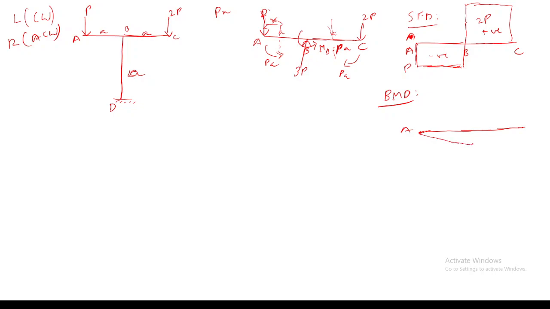So what will be the magnitude at this point? It will be P into A. So we can also say that viewing from the front, the top surface is expanding. Yes, that also we can say, but mostly I will be following this sign convention for beams.